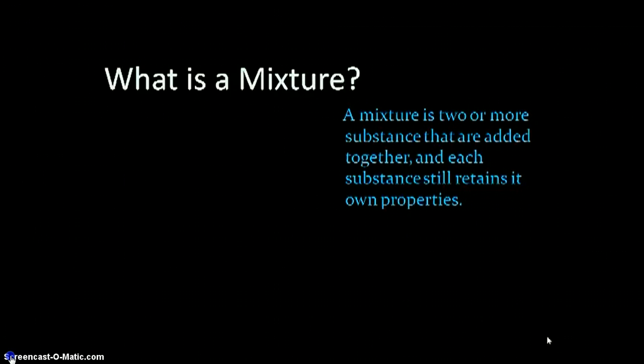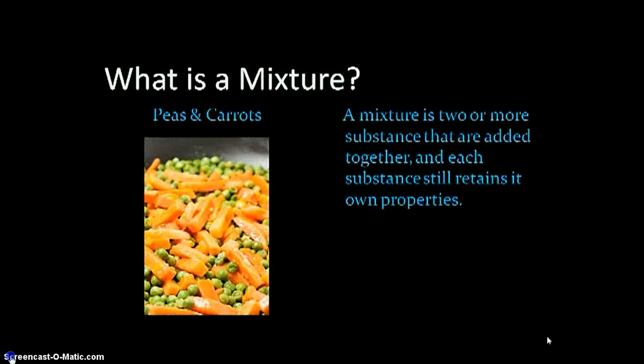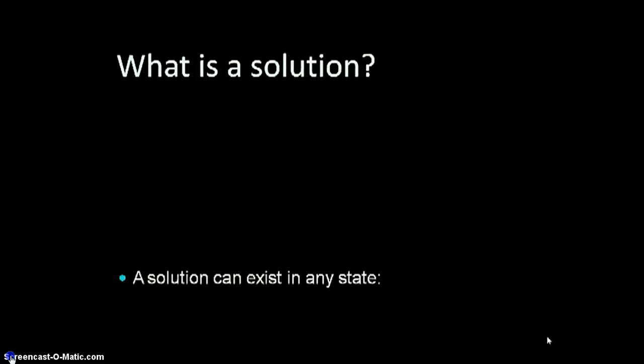So we've learned about properties, and in a mixture all the parts of the mixture retain their own properties, such as if you were to mix nuts with M&Ms, and if you were to mix peas and carrots, you could pull the peas and carrots out and separate them very easily, and they each retain their own properties.